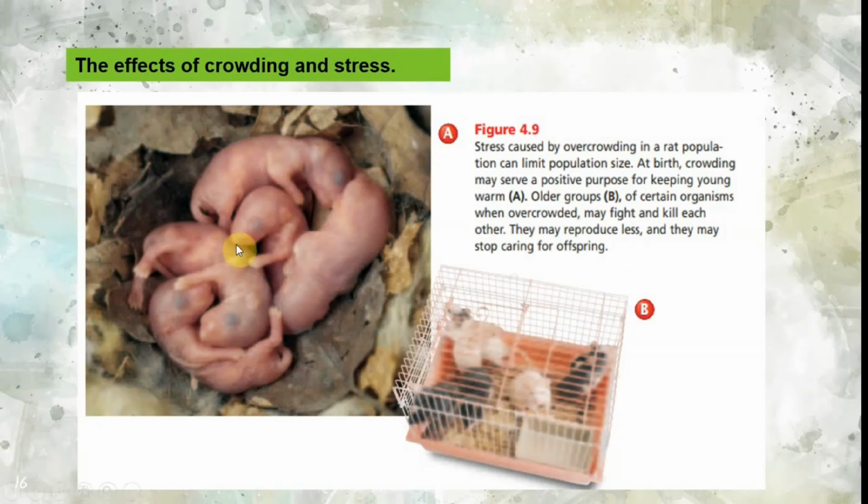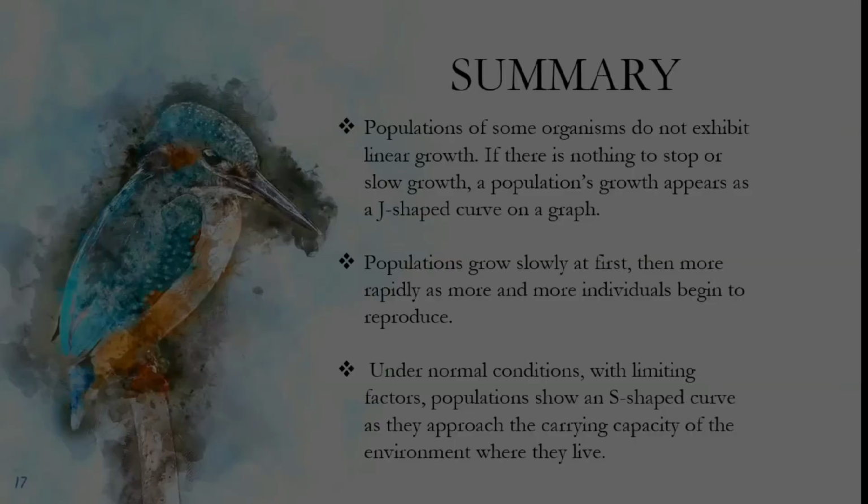As you can see in the picture, this stress caused by overcrowding in a rat population can limit its size. I can see your face, that is a disgusting picture. And in letter B, you can see that the cage doesn't have enough space for these animals, so eventually they're going to fight and kill each other, or they can reproduce less and they may stop caring for their offspring.